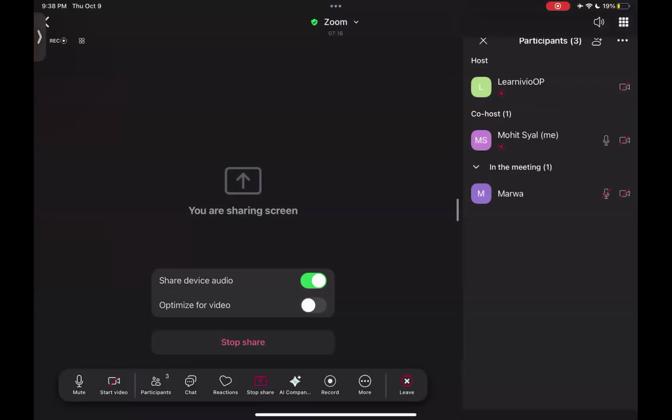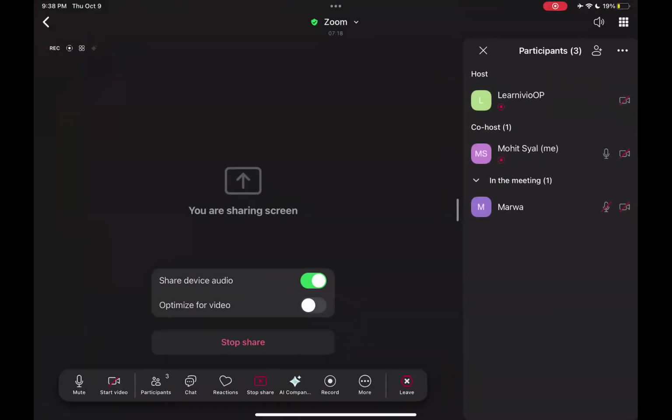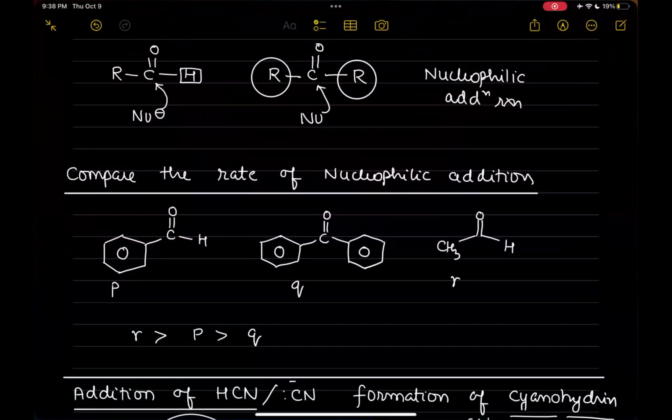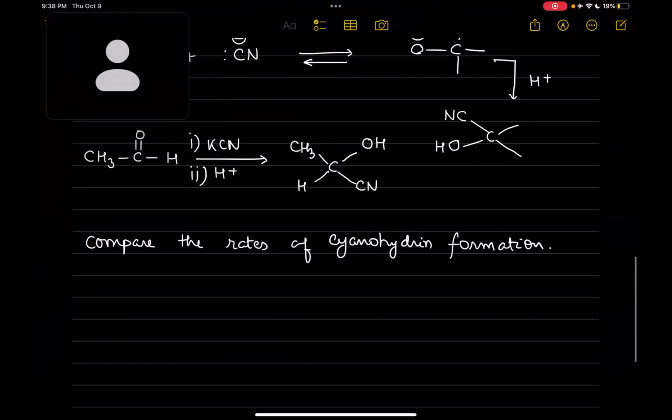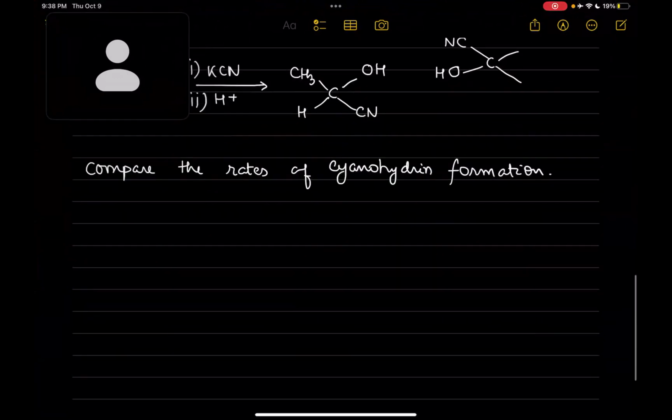We can compare the rates of cyanohydrin formation. I will give you some aldehydes and ketones, and you can compare where the cyanohydrin is going to form most easily and where it is going to form with maximum difficulty.